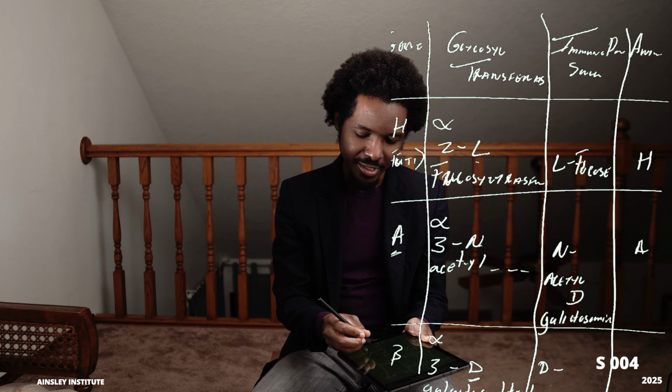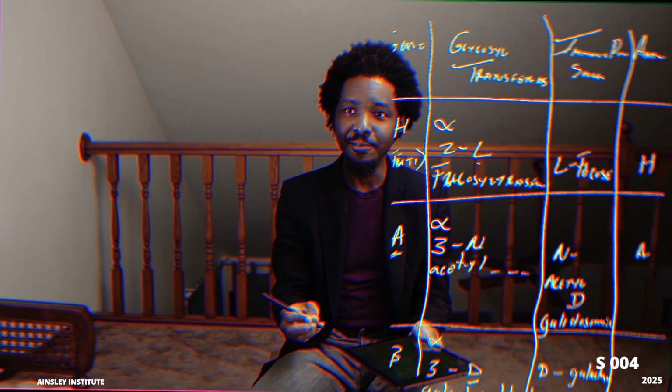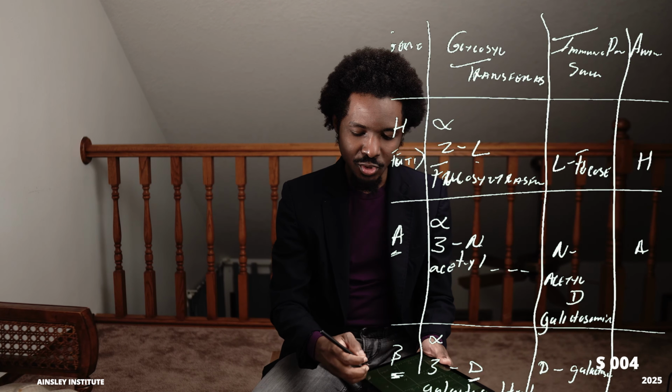Galactose. All right, so we're going to write galactose, and now we started with B, so the antigen that we expect to be expressed is B. Beautiful.